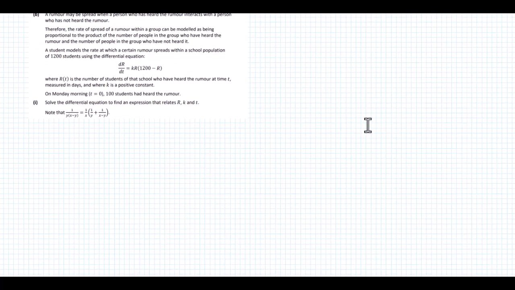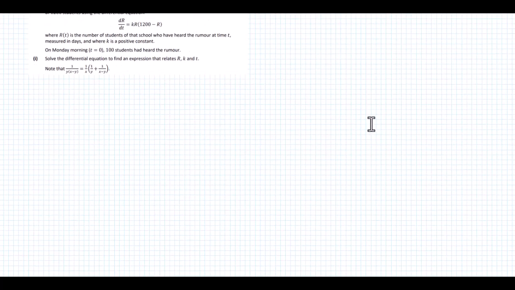We have dr/dt is equal to k times r times (1200 minus r). So what I'm going to do is just separate out the dt and the r's. I'm going to put the r's on the left hand side and the dt on the right hand side, along with the k.